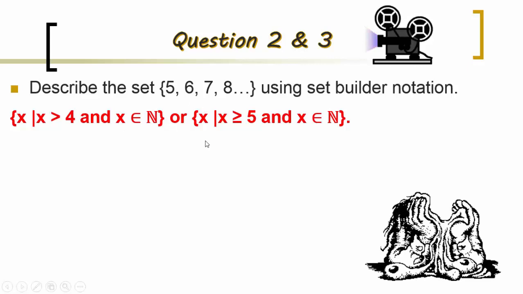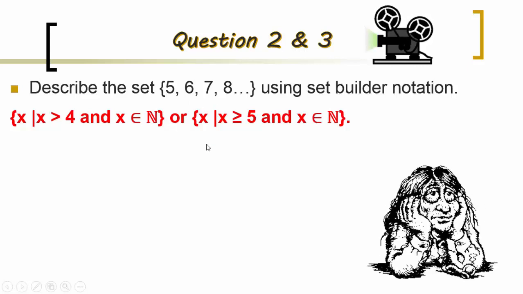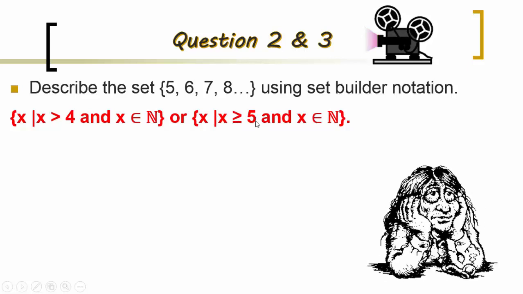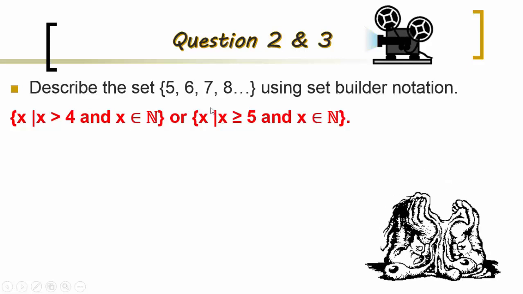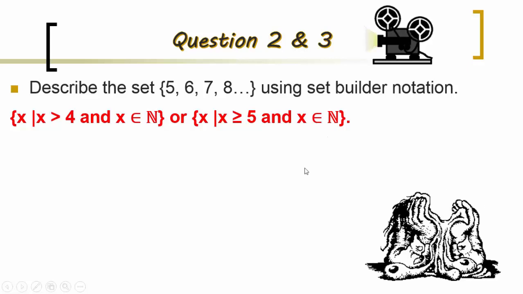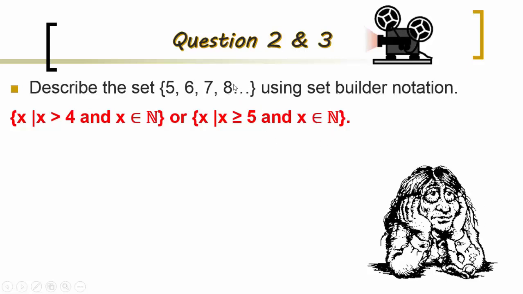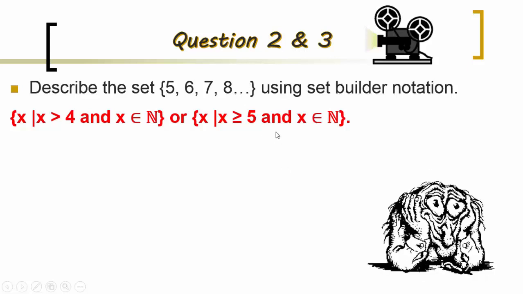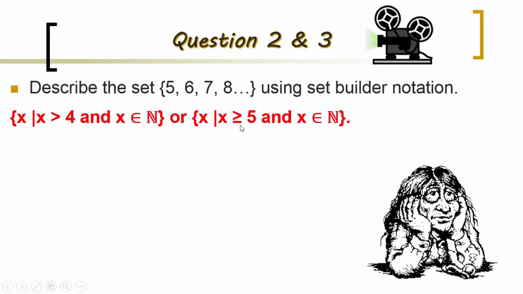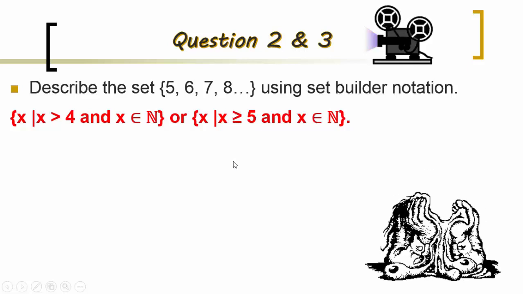Or we can say the set of all x such that x is greater than or equal to 5, meaning we start at 5, and again x is an element of the natural numbers. Here it goes on and on forever, so we can just write greater than or equal to in this case.